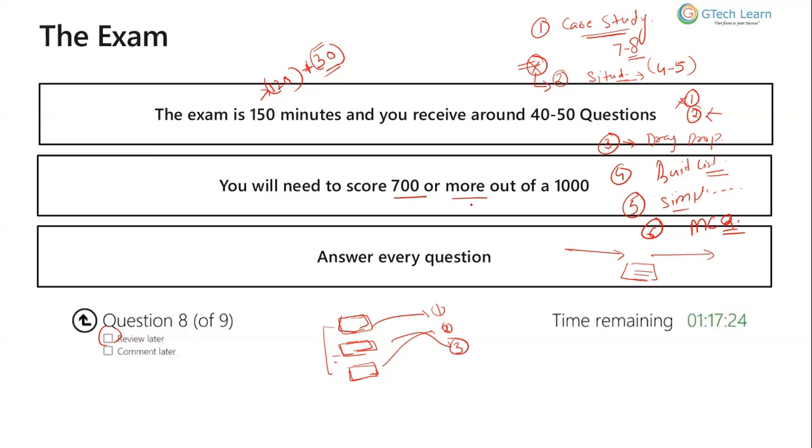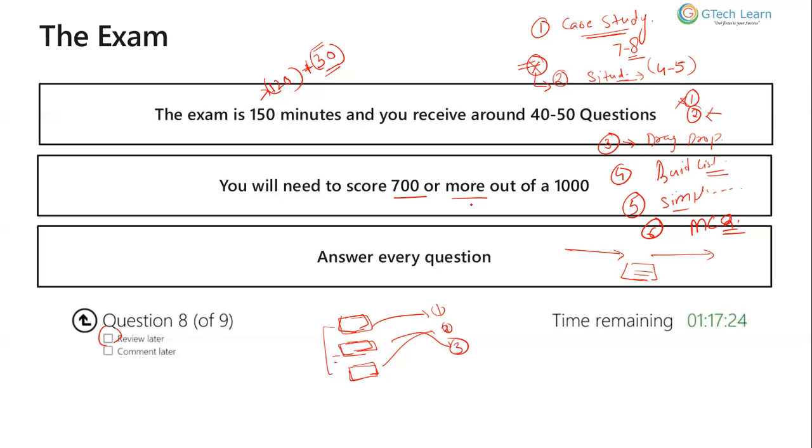Rest of the things are like that. You need to answer all of the questions. If you skip any question, you will not be able to submit your examination. So if you have 40 to 50 questions in your examination, you need to answer all of them in order to submit.